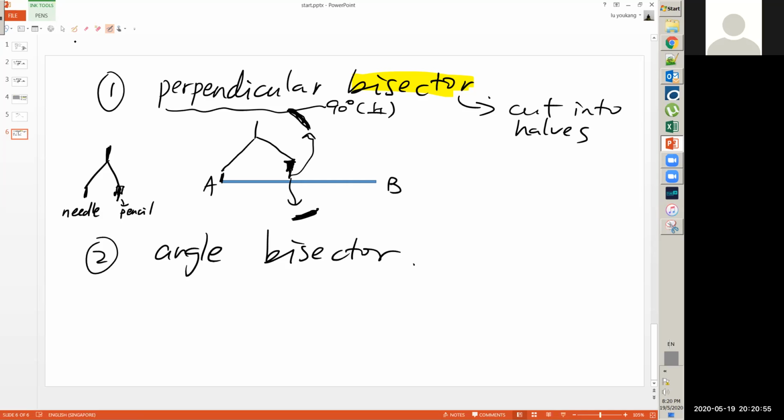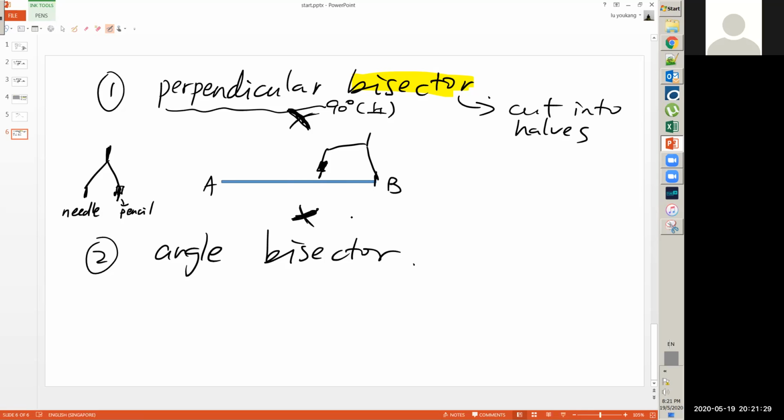Then next, instead of putting the needle at point A, now you put the needle at point B. And with the other leg, the pencil, you draw another arc.